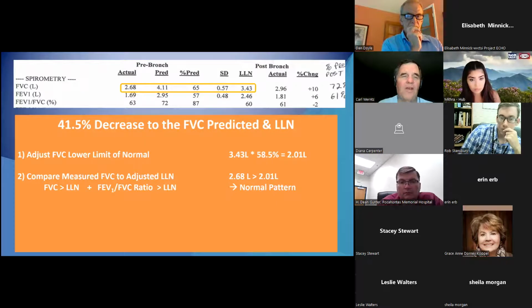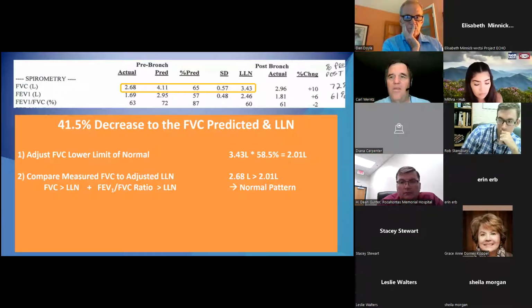So what I like to do if I have to do one of these corrections is adjust the lower limit of normal rather than try to adjust their numbers. So I'm not making up a new number for them, just changing the cutoff. I would take the lower limit of normal, the 3.43, and multiply it by 58.5%, which is what I expected to get, 2.01 liters.